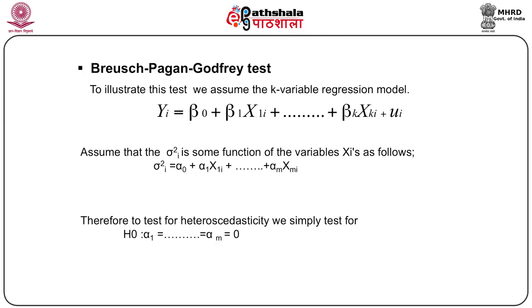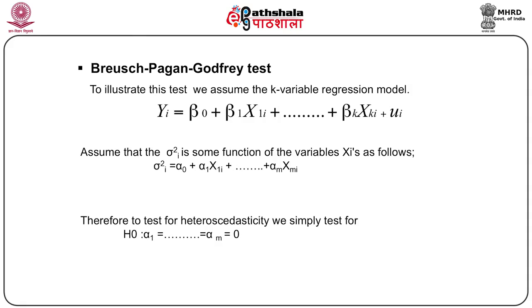We assume that the heteroscedastic variance sigma i square is some function of the variables xi's as follows, and the model is written as sigma i square equals alpha naught plus alpha 1 x1i plus alpha k xki, and we run the regression model.